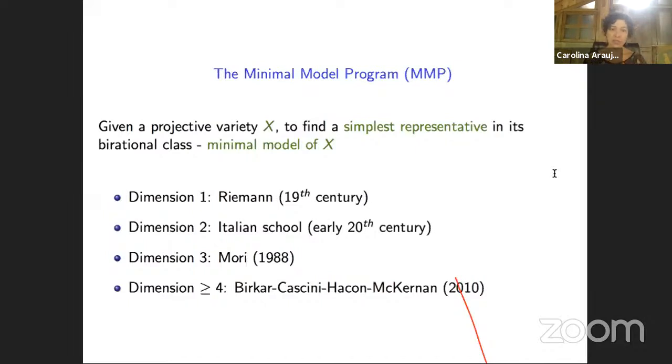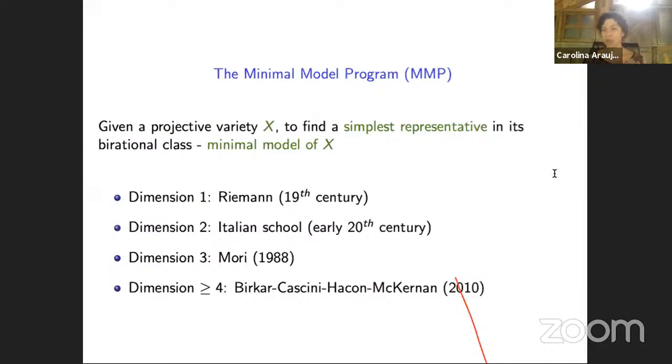So let me just tell you a bit about the development of the minimal model program. So in dimension 1, so these are Riemann surfaces, this program is basically Riemann's work in the 19th century. In dimension 2, this was achieved by the Italian school in the early 20th century. And then from dimension 2 to dimension 3, there were serious obstacles that needed many different new theories to be developed.